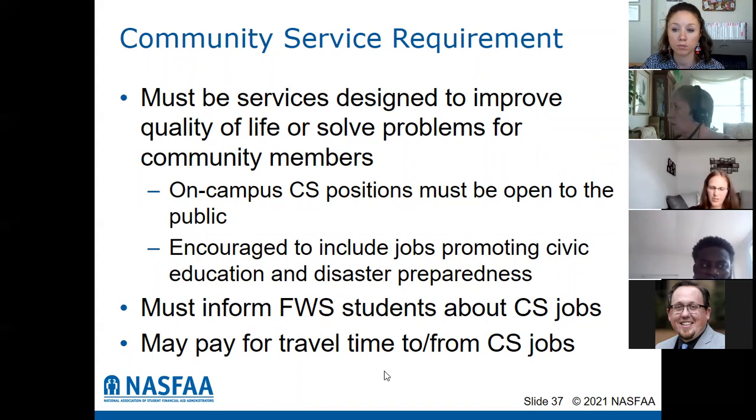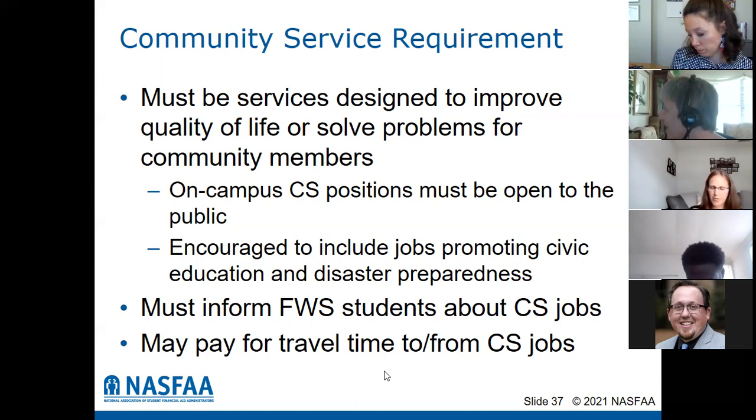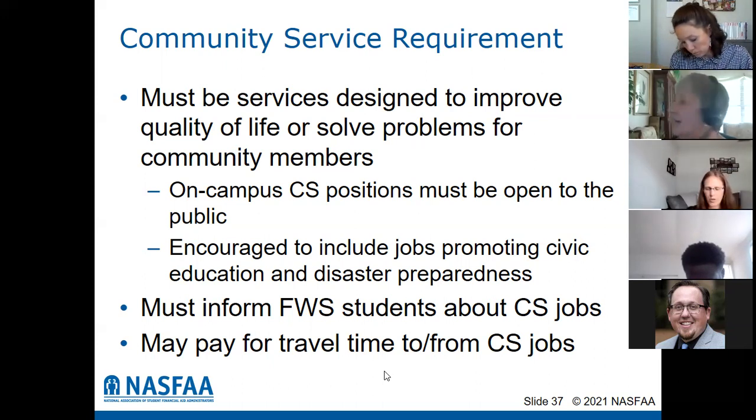This separation of the travel hours from the hours worked will help the student's supervisor to monitor and ensure the amount of reported travel hours is reasonable. The authority to pay for travel time applies only to federal work study students employed in community service jobs. However, as noted earlier, training may be paid for any federal work study position. So travel is for community service, training can be for any work study position.